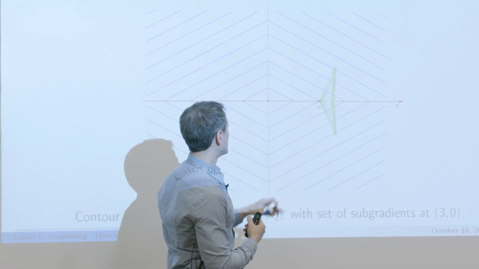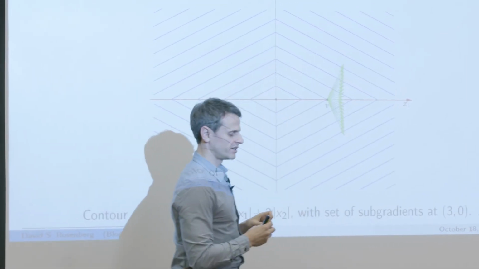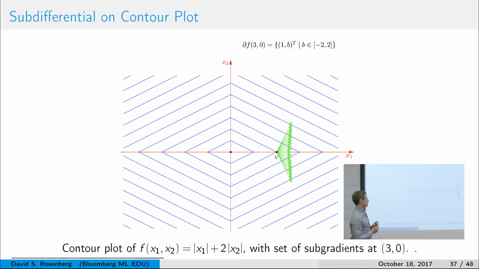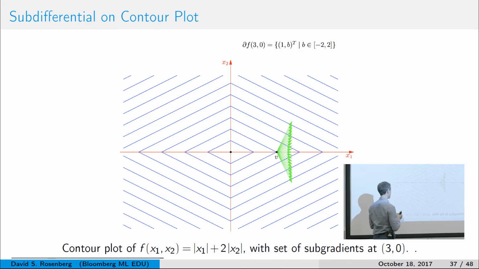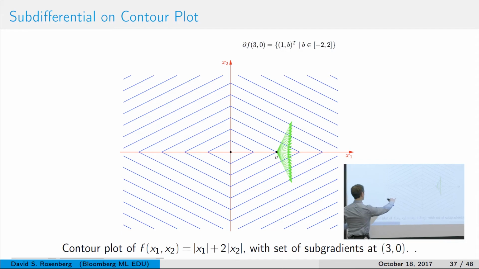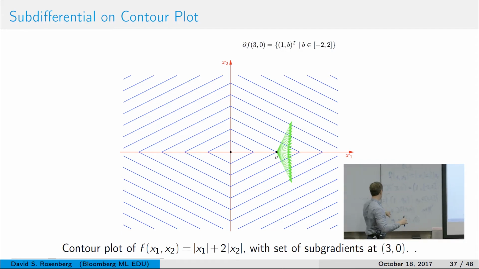Right? And then at this point, kind of a corner point here, which is not differentiable. This is the same function, by the way, just the contour plot of it. So it's not differentiable here, but we have a subdifferential. And these green arrows are a large selection of subgradients plotted on this contour plot at v. All right. So let's just make sure that you believe that that is a plot of this.